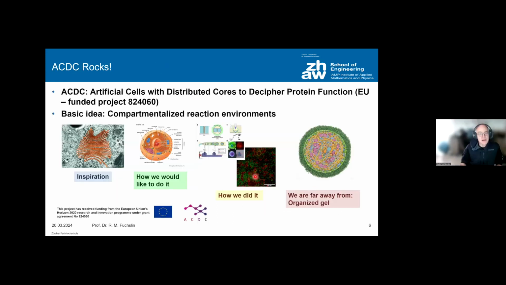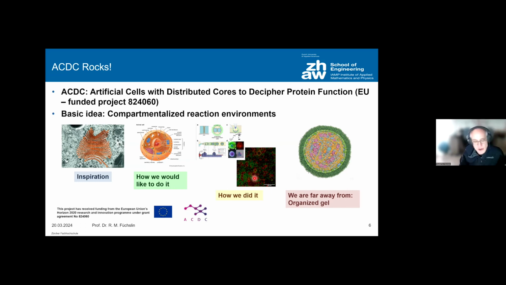Now, we have had a large European project, the ACDC project, artificial cells with distributed cores to decipher protein functions. This project has already finished. The basic idea was to set up compartmentalized microscopic reaction environments. Our inspiration came from the cell, for example from organelles, as you can see here on the left-hand side.